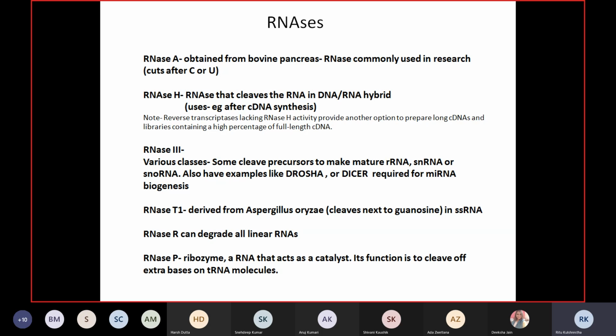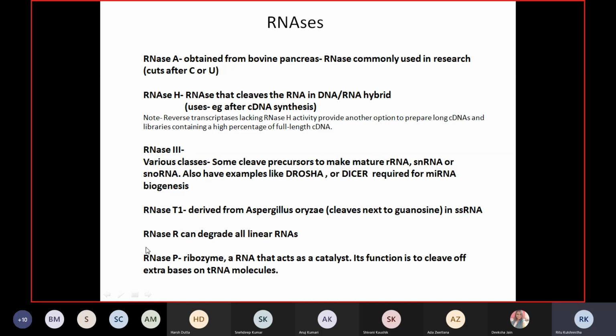They are also known to have a lot of regulatory roles in mammalian cells, and are studied extensively in certain labs. So in those labs where you want to specifically isolate circular RNA and get rid of any linear RNA present in your preparation, you treat it with RNase R. Okay, so RNase R can degrade all linear RNA.